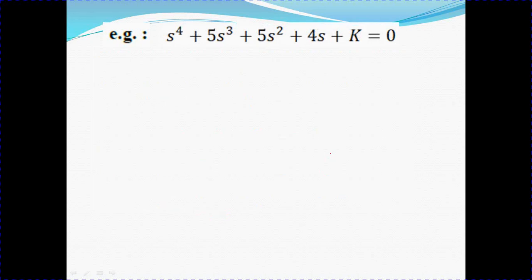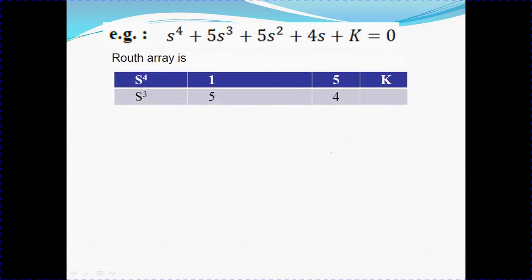So now we are going to see how to apply the RH criteria for the calculation of K. Here the first two rows will be formed by using the coefficients of s in the characteristic equation.